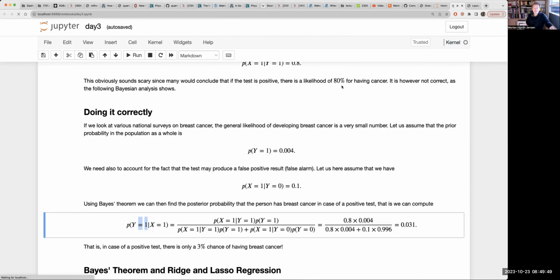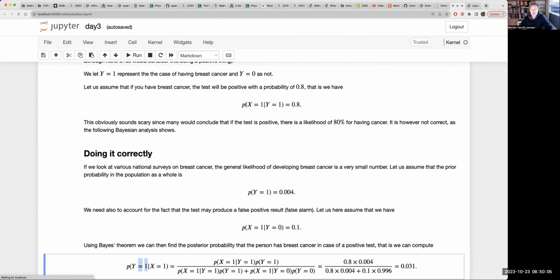So this is the way you would actually use these quantities of the likelihood, a prior and the final posterior probability, because the question we have to ask is not this one.